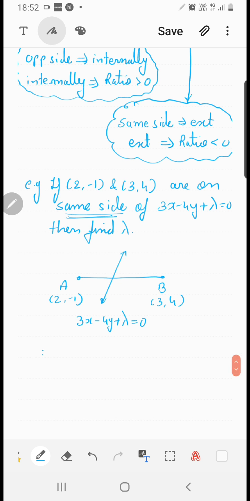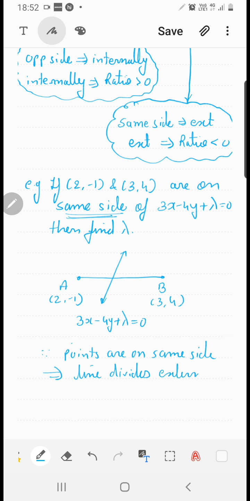Now I start with the position of the points first. Points are on same side, can I say this implies line divides externally? And therefore can I say ratio will be less than 0.